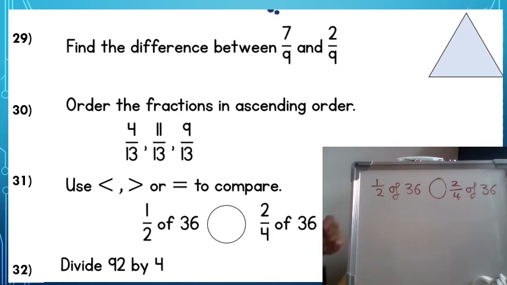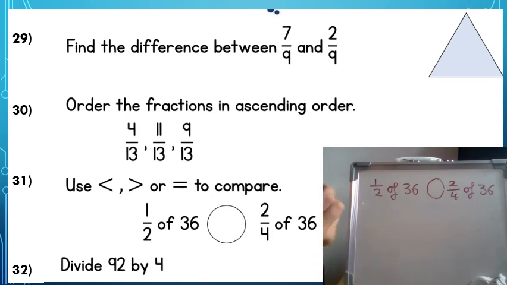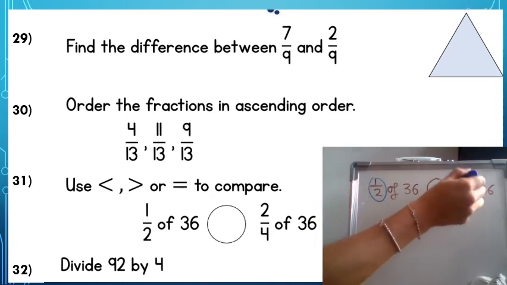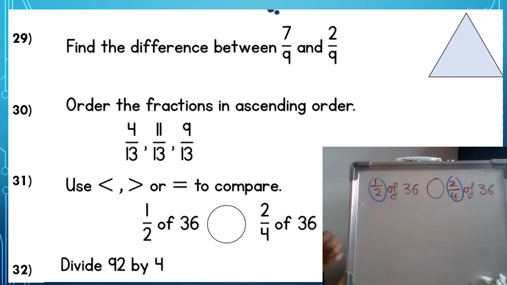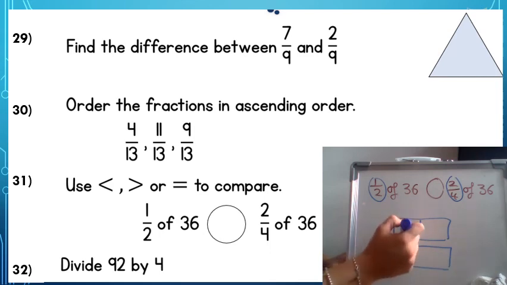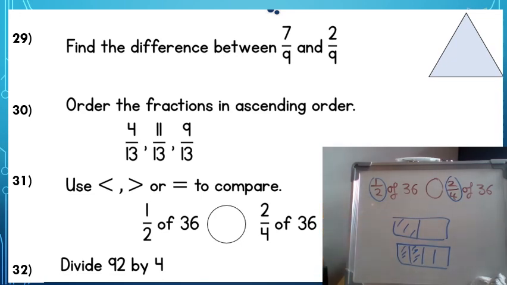Okay, for number 31, we were trying to compare. Now what some of you might have noticed straight away is that I've got a half and I have got 2 quarters. Well, I know if I was to shade a half, or if I was to shade 2 quarters, I could see that a half and 2 quarters are the same because 2 is half of 4.